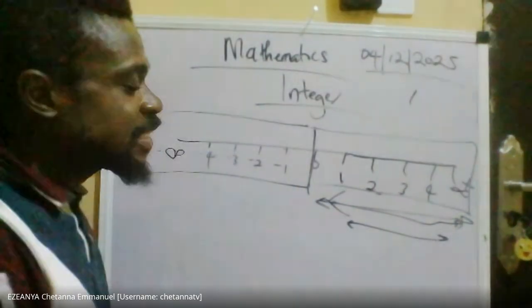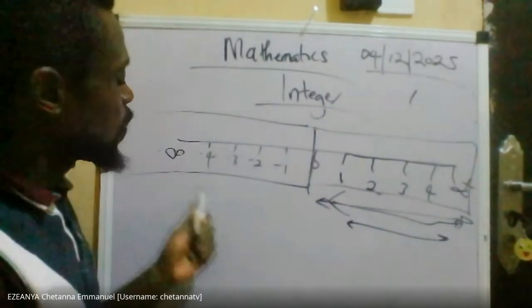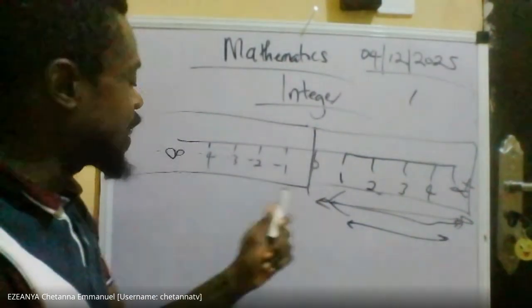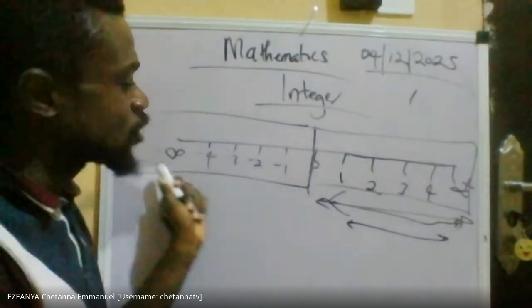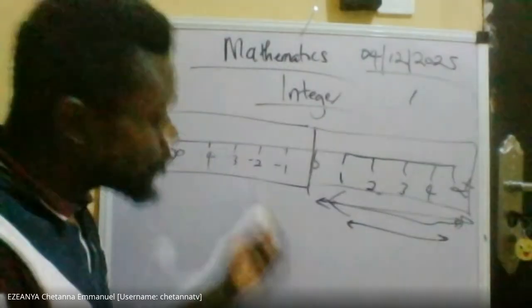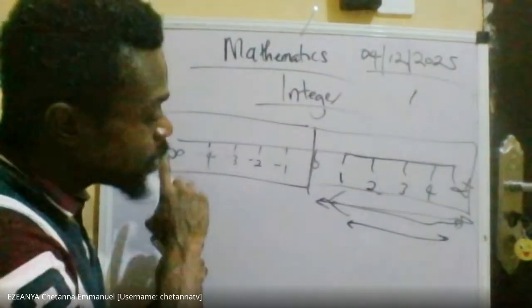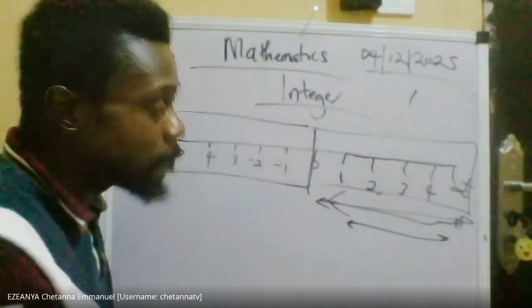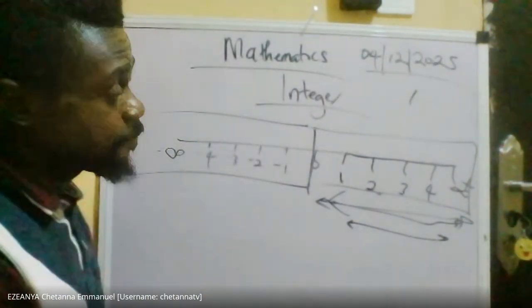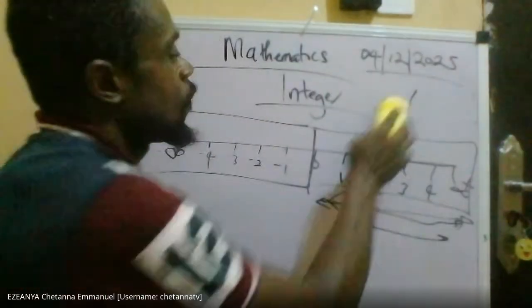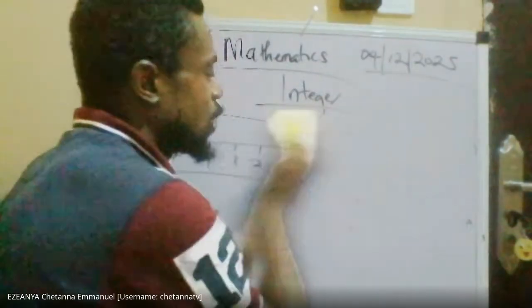Integers are simply concrete points on the number line that stretches from negative infinity towards positive infinity. You can call it concrete numbers or points. Once you mention number line and concrete points, we all know we are talking about numbers. Is that clear? Yes. So this is a way of defining integers.